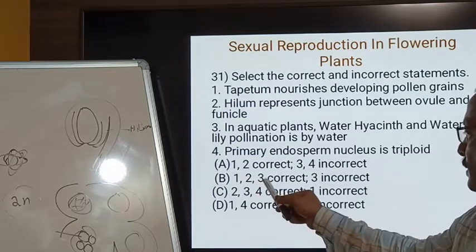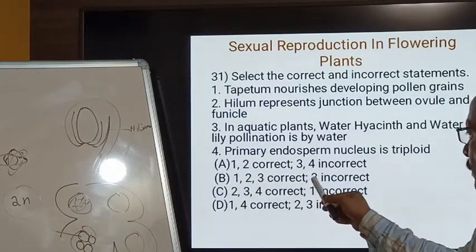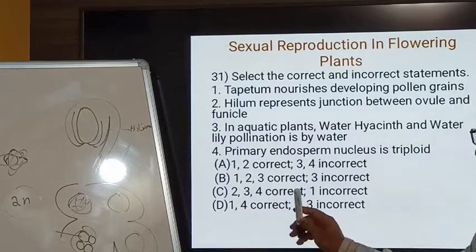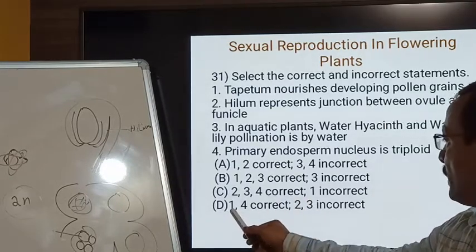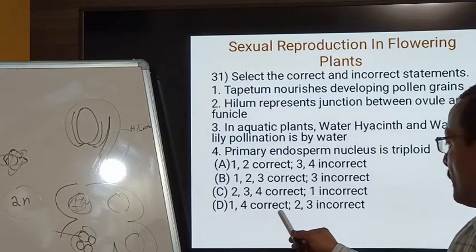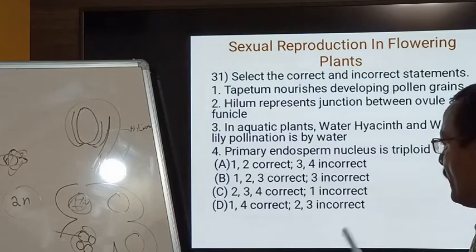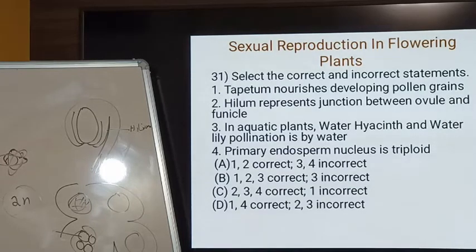First, second and third statements are correct. Again, the third is incorrect. No. So first statement and fourth statement correct. Second and third statements are incorrect. So let us check the option.